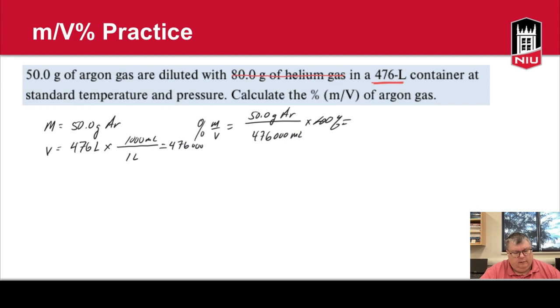And this becomes 50 divided by 476,000 times 100 is 1.05 times 10 to the minus 2% argon.